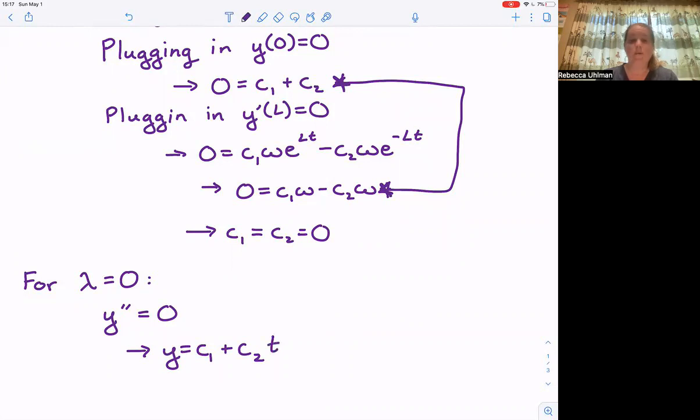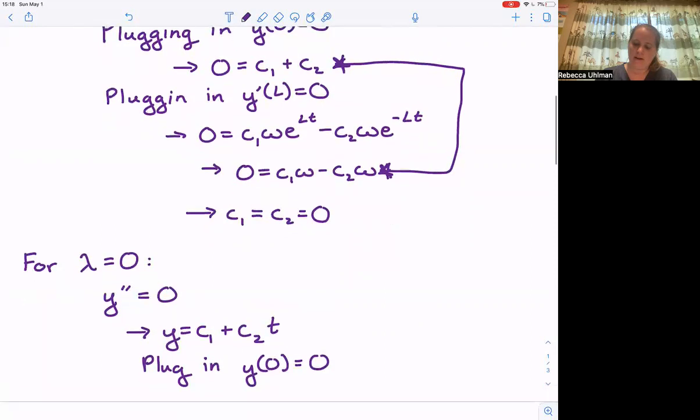Sorry, I've been swapping back and forth my variables, I think, in these various videos. We have y is equal to C1 plus C2 times t. And this gives us that if we plug in y of 0 equals 0, we are looking at 0 is equal to C1.